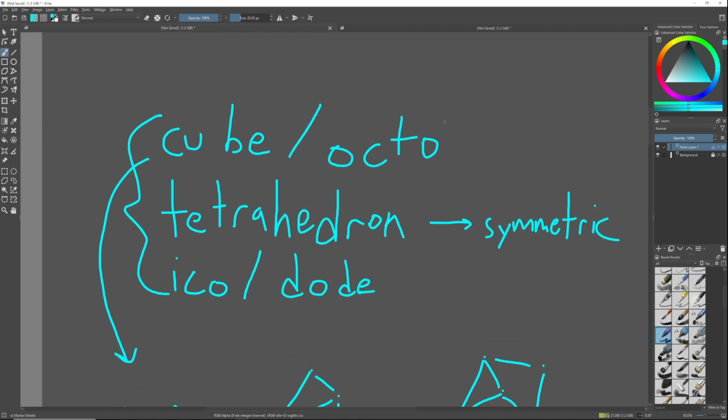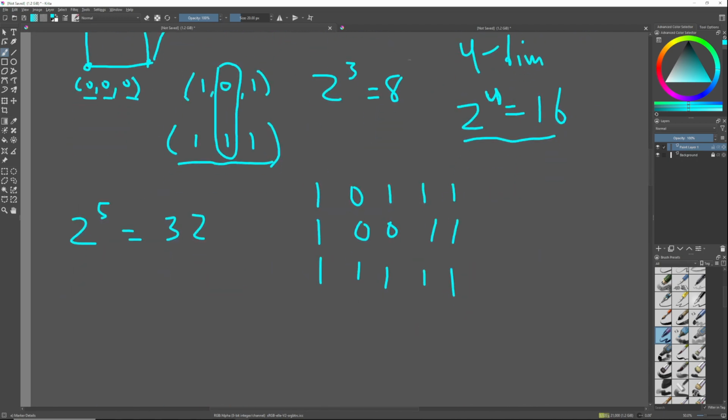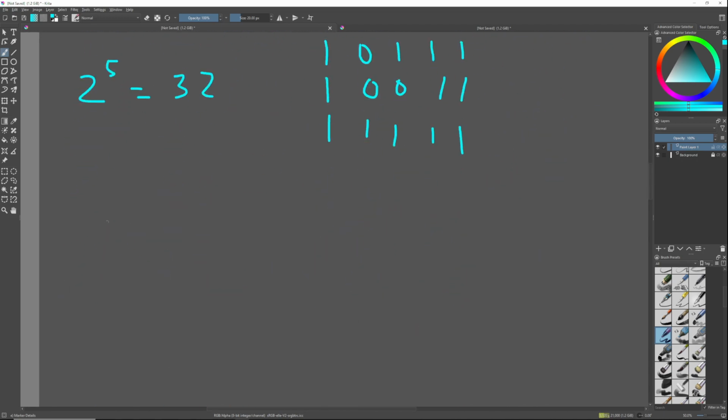An octahedron, well, we'll just talk about the octahedron. In 3 dimensions, let's say this is x equals 1, and this is y equals 1, and this is z equals 1, and you just connect them like that. There's another word for this in the n-dimensional case. I believe it's called a crosstope or something.